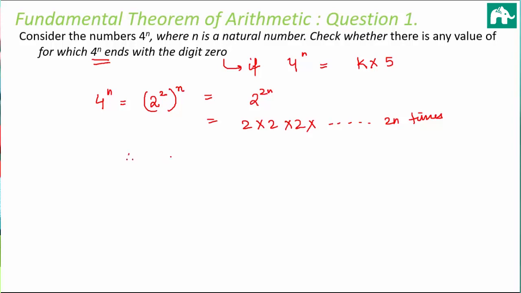Therefore, it is not possible. So therefore, there is no such value of n for which 4 to the power n ends with the digit 0, because its only prime factor is 2.